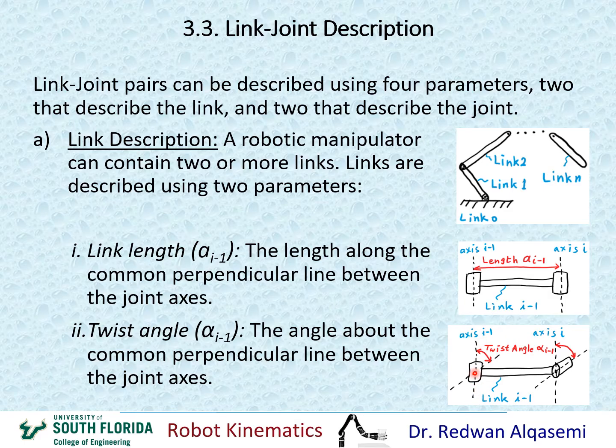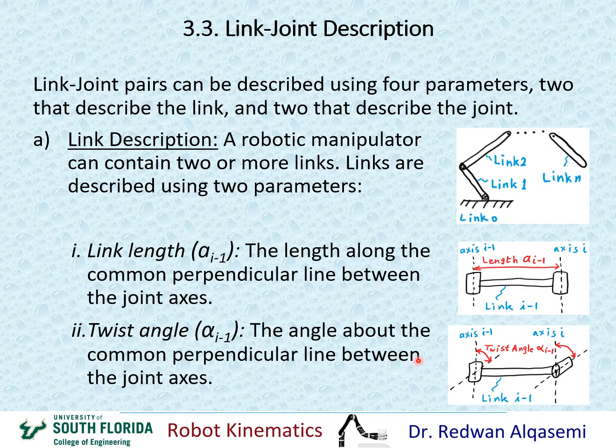If you draw a line from here to here, that would be the unique line that is perpendicular to both axis i-1 and i. The angle between axis i-1 and i about that common perpendicular is our twist angle for this particular link.